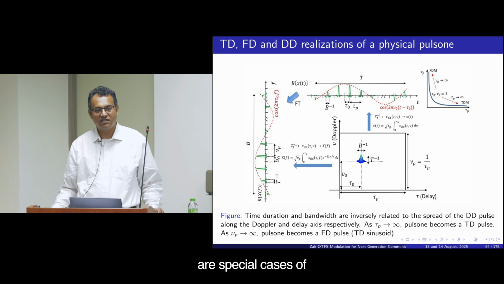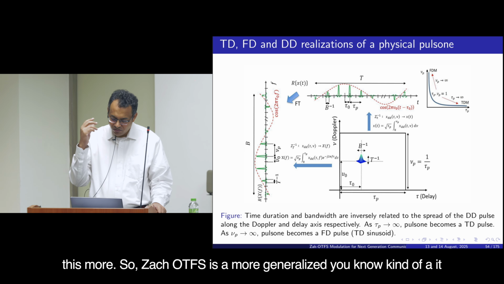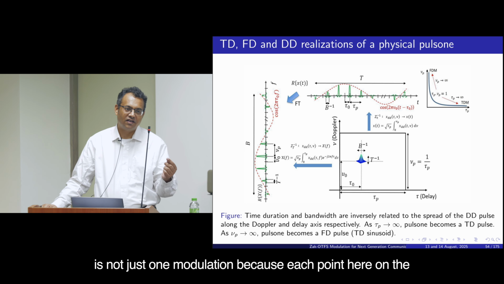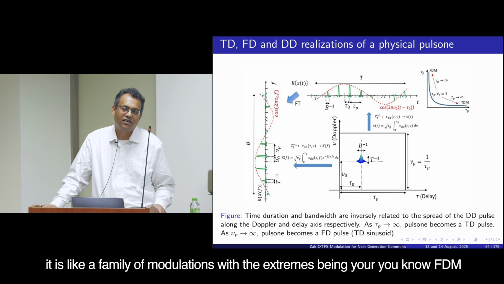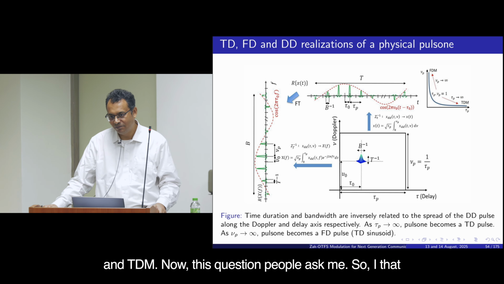So, they are special cases of this more general family. Zak OTFS is not just one modulation, because each point on the hyperbola will give you a different modulation. It is like a family of modulations, with the extremes being your FDM and TDM.